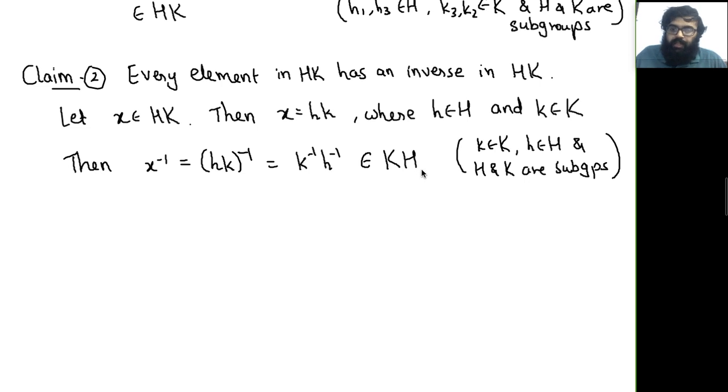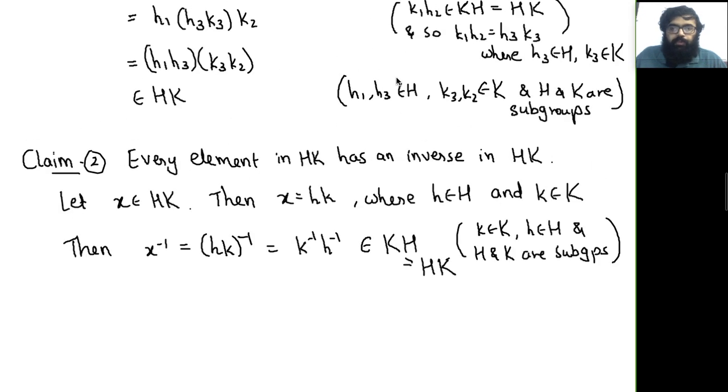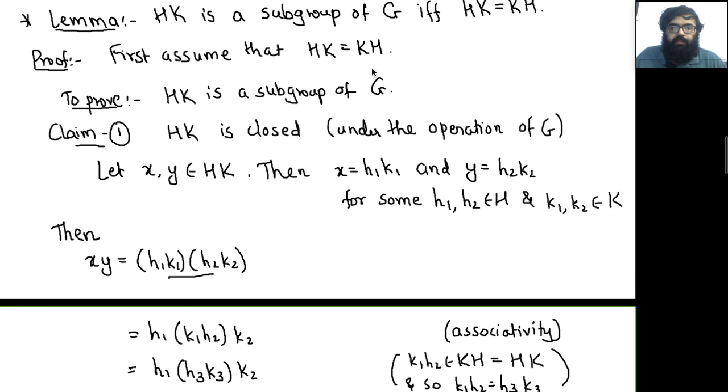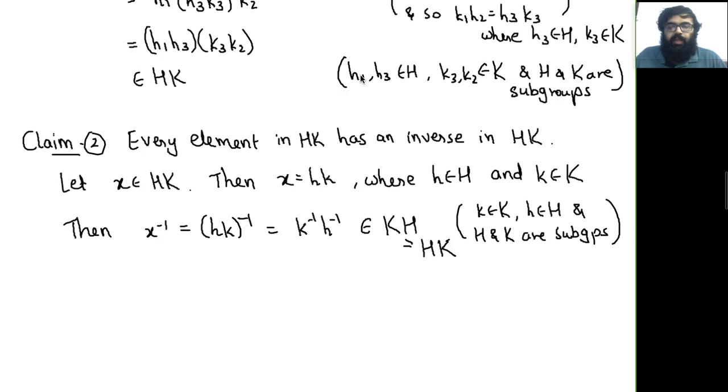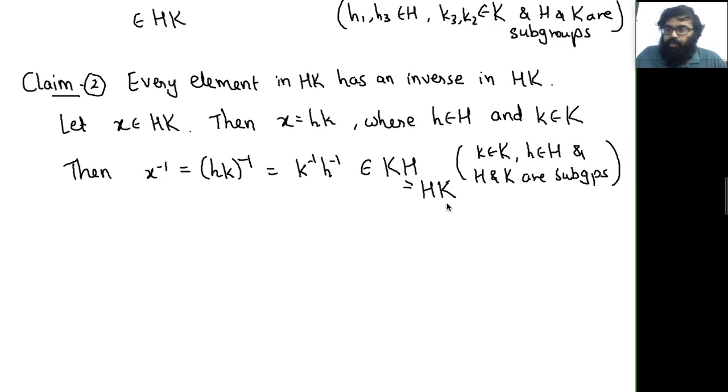But KH is the same as HK. That is what we have assumed. This is our first assumption: we are assuming HK equals KH, and we are proving HK is a subgroup. So HK equals KH, and therefore x inverse belongs to HK.